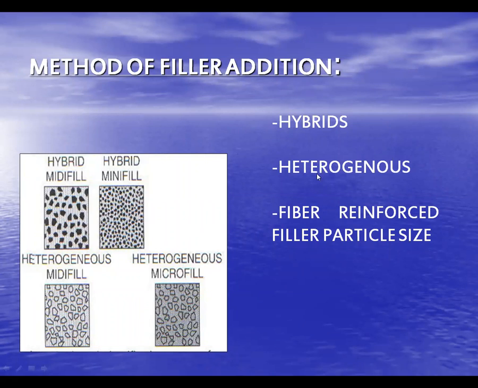So here also it is again classified into heterogeneous or homogeneous. Means sometimes what happens, we are same particle means अगर आप मिडिफिल के ही दो अलग अलग पार्टिकल्स से मिक्स कर रहे हो तो दैट इज होमोजीनियस. Or heterogeneous means you have to add two different midifill into minifill or minifill into macrofill.